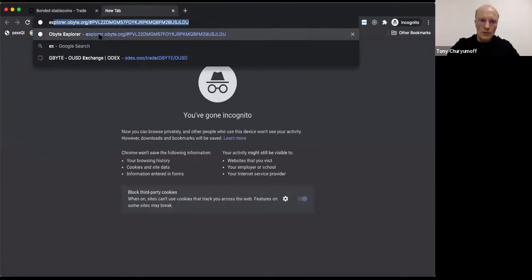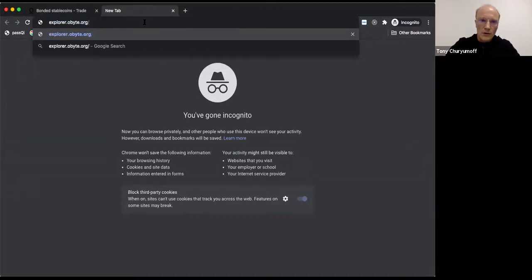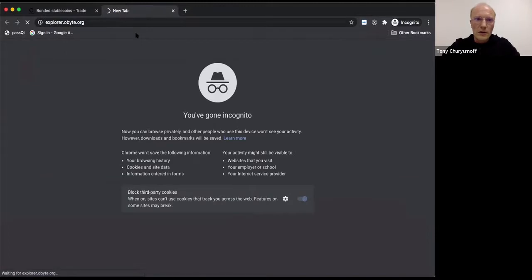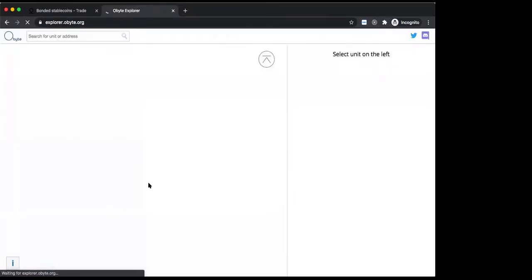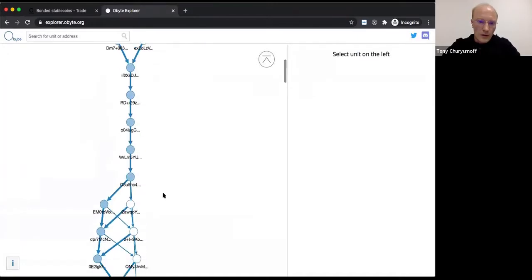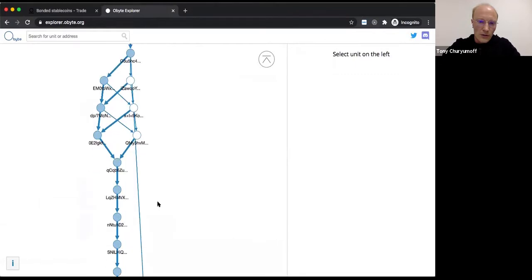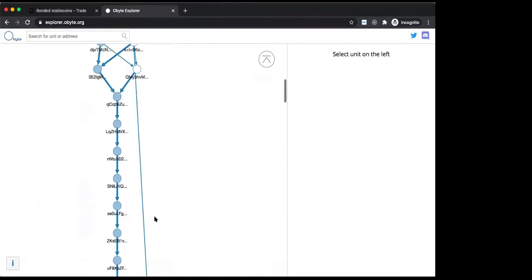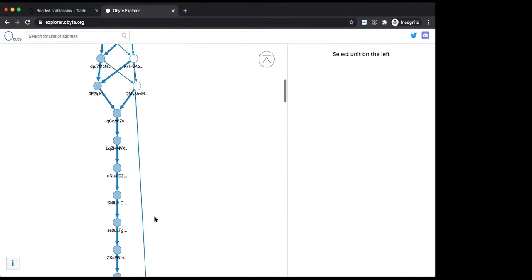Sure. I open the Explorer where you can see the recent transactions, and it draws the DAG. So you can see that it is not linear most of the time.